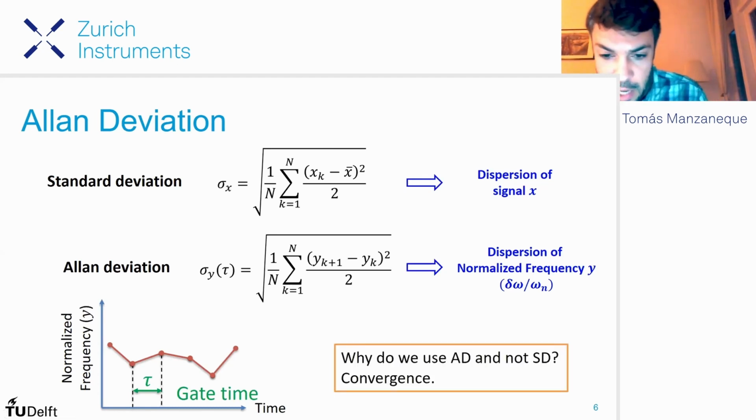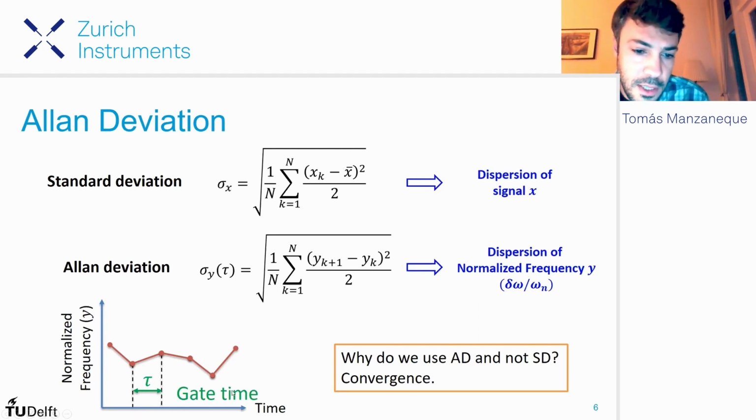But then you might be asking, why do we use Allan deviation and not standard deviation for frequency measurements? And the reason is in convergence, statistical convergence. Because when we measure the dispersion, we want that if we measure many samples, so this n tends to infinity, this dispersion value tends to a finite value.